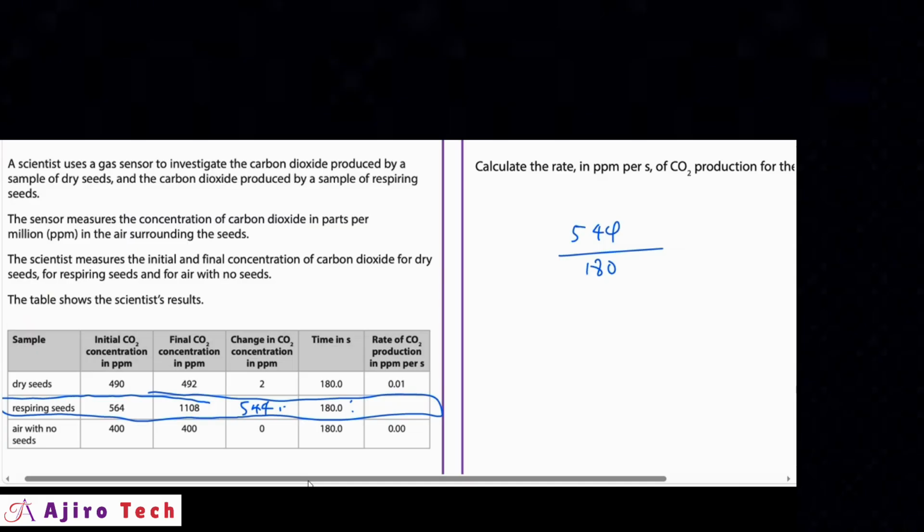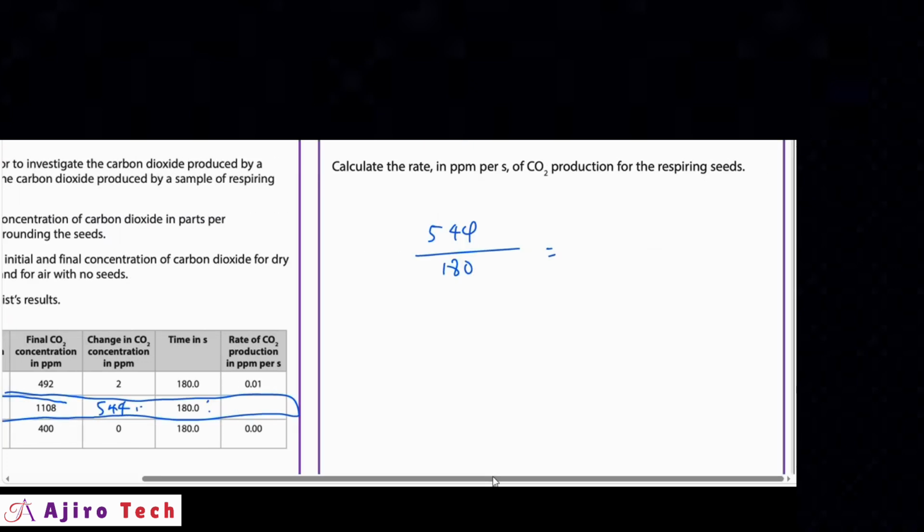Let's press our calculator. 544 divided by 180 will give you 3.02. So our answer is 3.02.